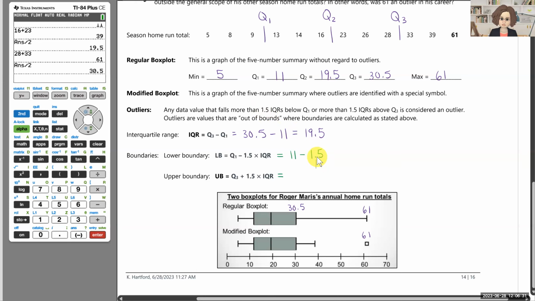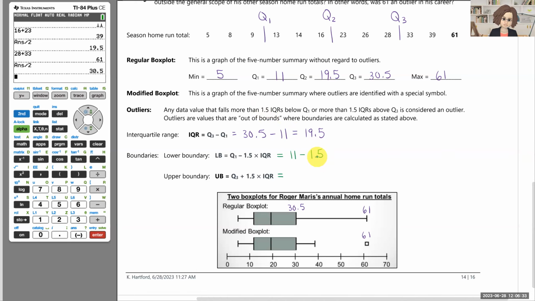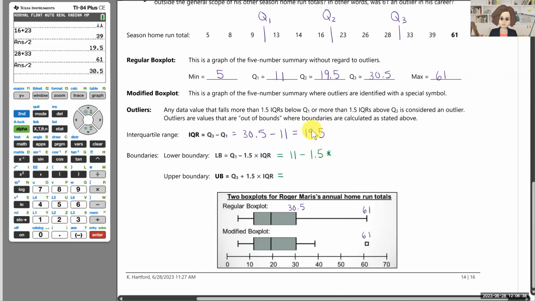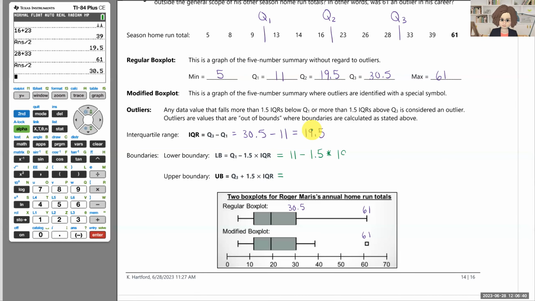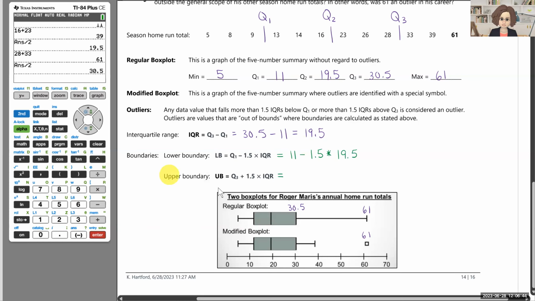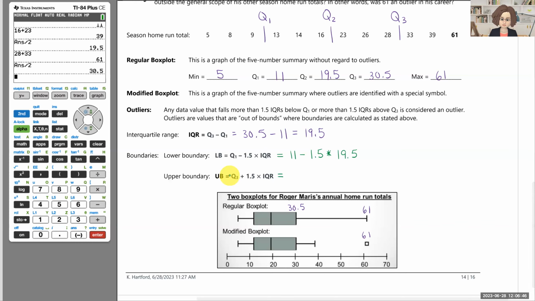So 1.5 times, I'm going to put an asterisk for times, the value of our IQR. Versus our upper boundary, we'll take our third quartile, 30.5. And now we're going to go above it by adding 1.5 times the value we got for the IQR.